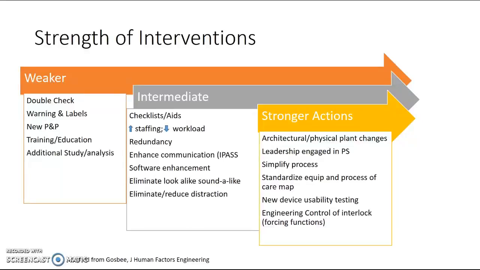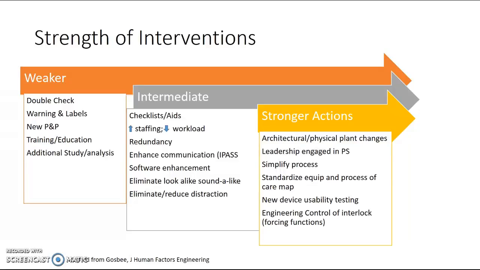This model was adapted by Gosby in Human Factors Engineering and really looked at how to reduce risk of human error. So they categorized different actions into strong or intermediate or weak. Weaker actions might include training or policy and procedures. More intermediate actions is utilizing checklists, building in redundancy like your timeout procedures, standardized communication like IPASS or SBAR.